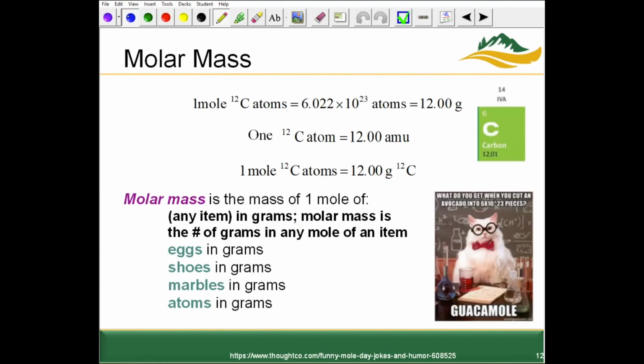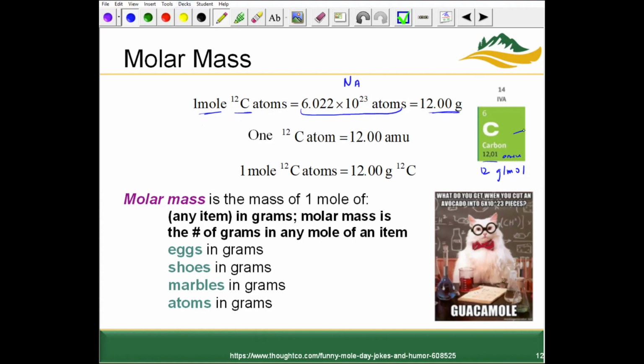So let me connect something for you between the mole and what we see on the periodic table. I keep saying that 12 atomic mass units that we see is really the same as 12 grams per mole. So 1 mole of carbon-12 atoms, 12 grams of carbon-12 atoms, is really this number of atoms, or Avogadro's number.